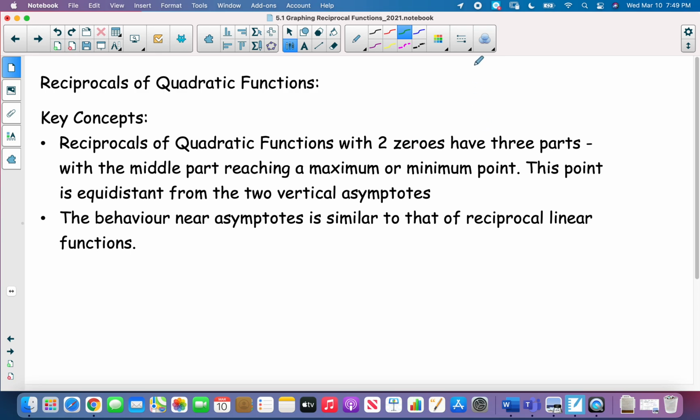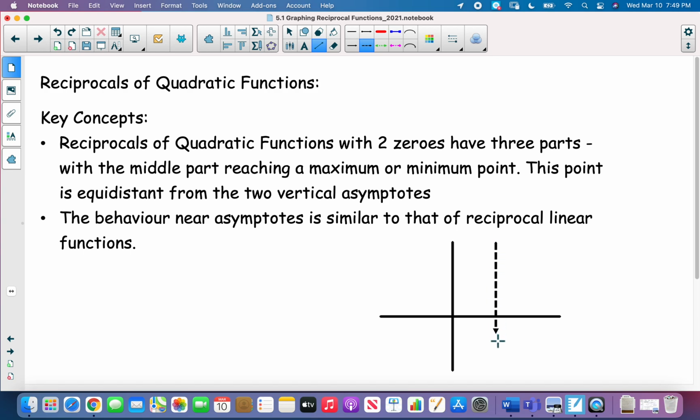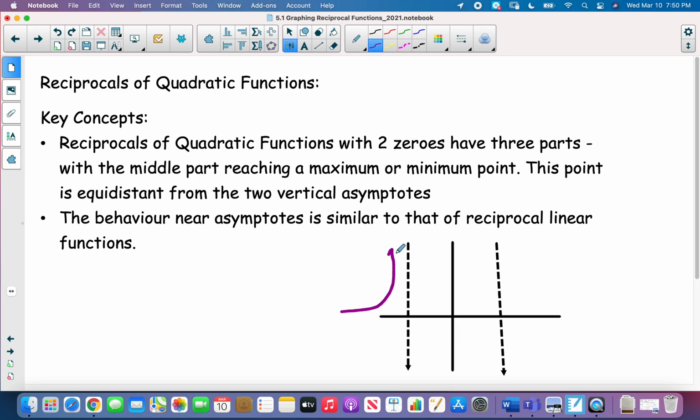So they're going to have three parts. When you plot it, instead of just having one part like we saw, we could have two vertical asymptotes, and when you're graphing this, you might find that one part of your reciprocal function is right here, another part is here, and a third part is up here.